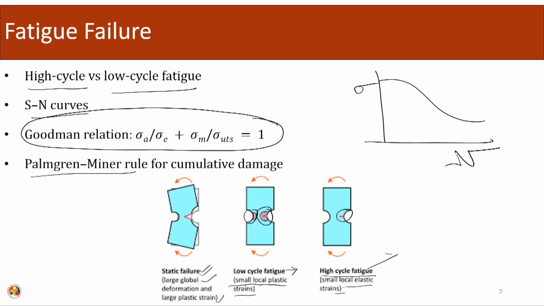High cycle fatigue is typically seen in the case of vehicle loading, and low cycle fatigue typically in the case of earthquakes. So, these are the progression of the plastic strain or the elastic strain. Low cycle fatigue is the progression of small localized plastic strain, and high cycle fatigue is marked by small localization of elastic strain.